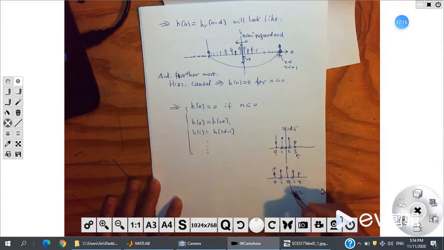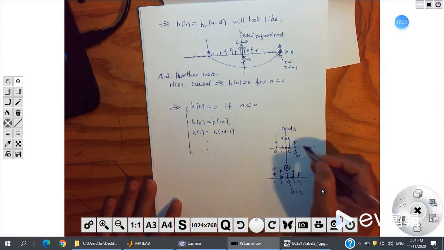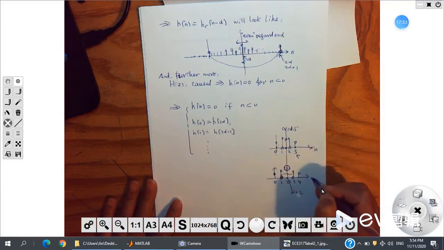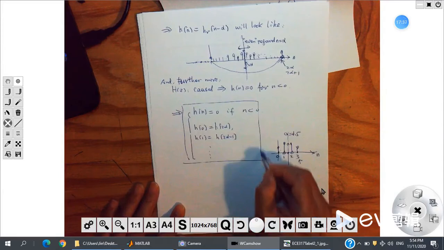Here alpha is 2. Or smaller, these two will be the same, and this one doesn't matter. You only have one value here, right? And here, this point we do not have a value because n must be an integer. So h can be described this way.